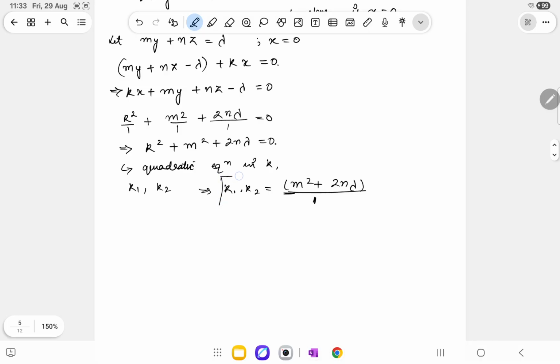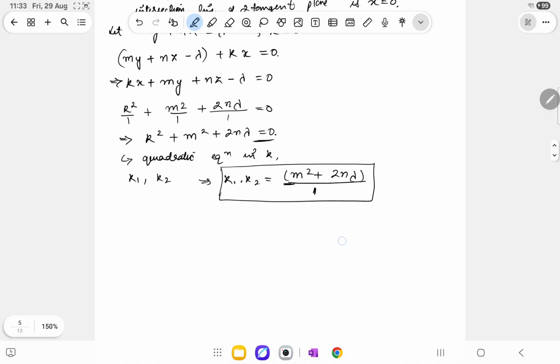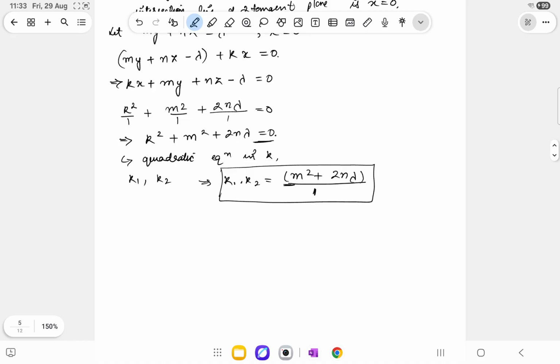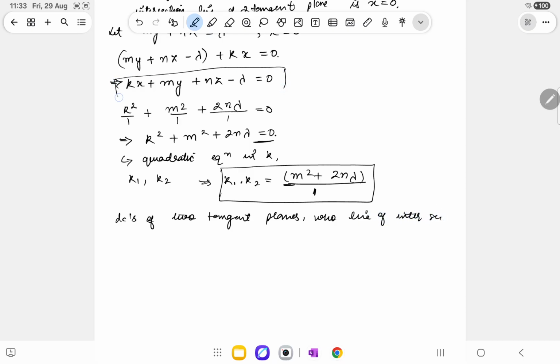So if k1, k2 are roots of this quadratic equation in k, then the product of these roots will be this. So from here we got the direction ratios of the two tangent planes whose line of intersection is this, that we assumed.